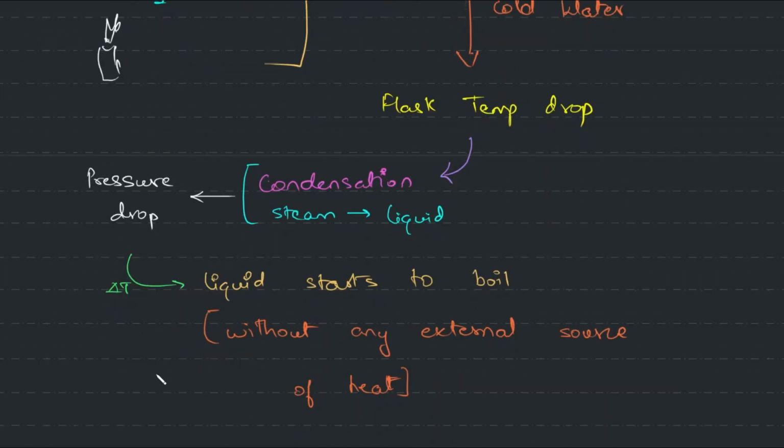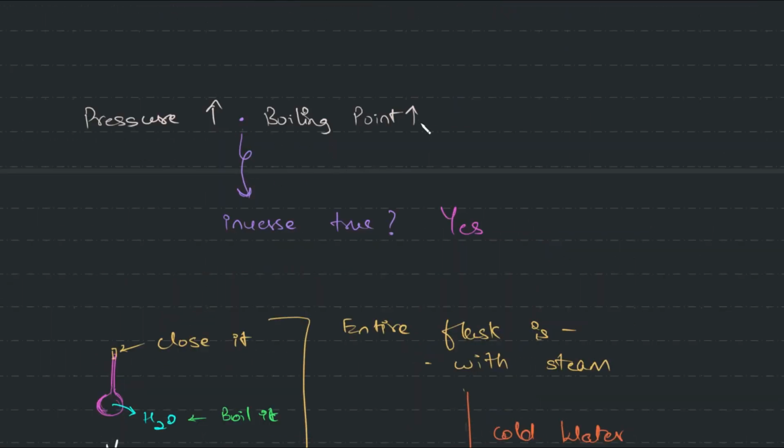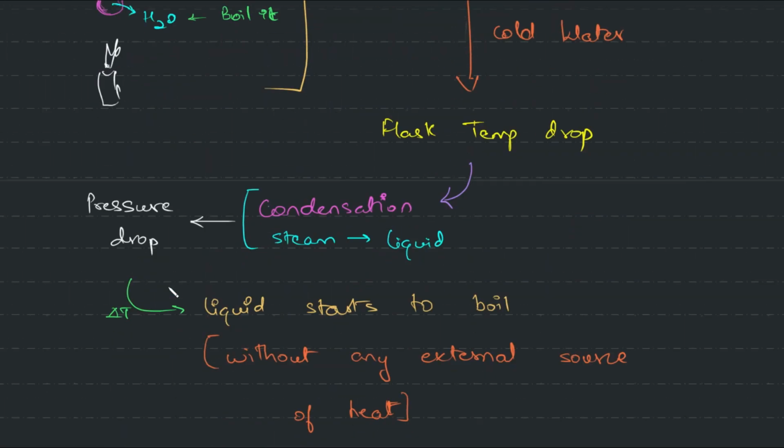Because the pressure drops, the boiling point also drops. So even with the external atmospheric temperature, room temperature, it starts to boil. This is without any external source of heat. Actually, there is, but not the obvious one, not the burning kind of thing.